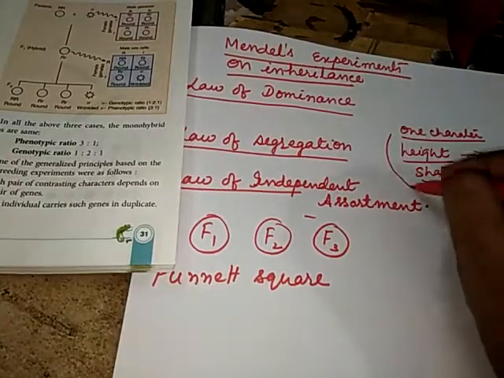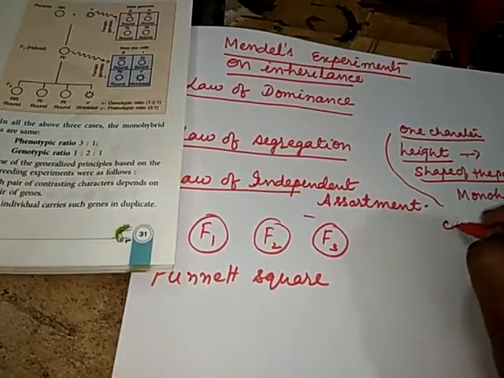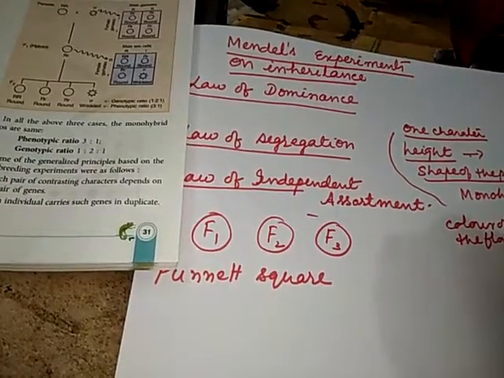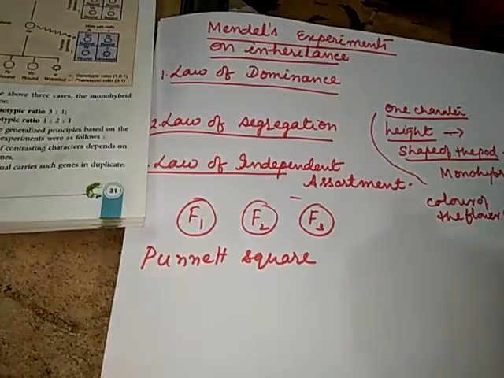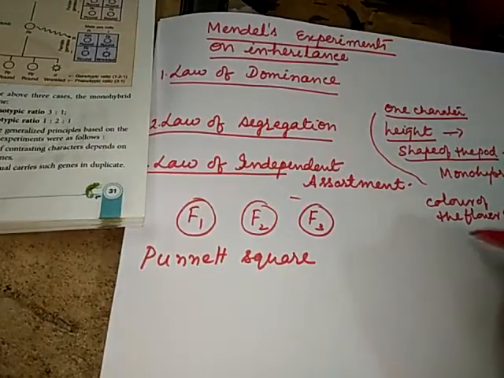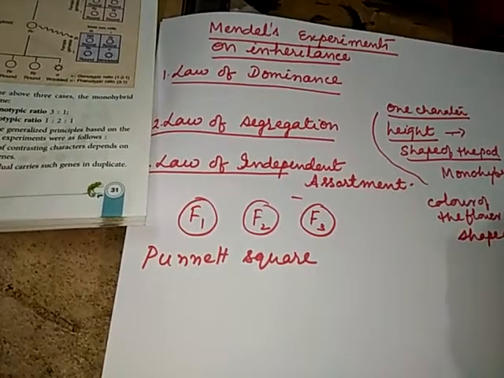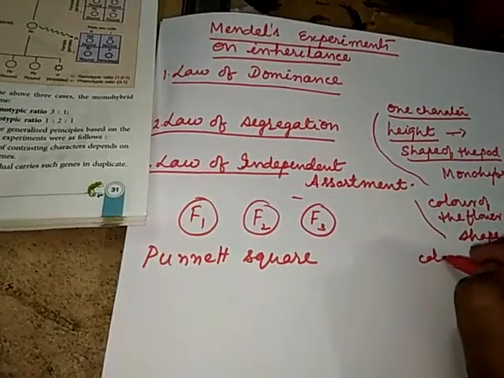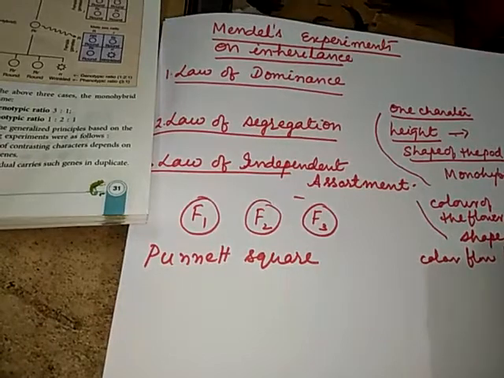Suppose we have taken two characters, the color of the flower and the shape of the fruit, or the color of the flower and height at a time.